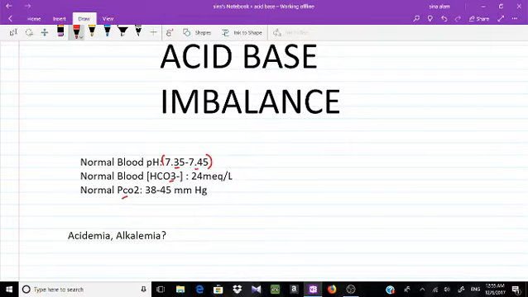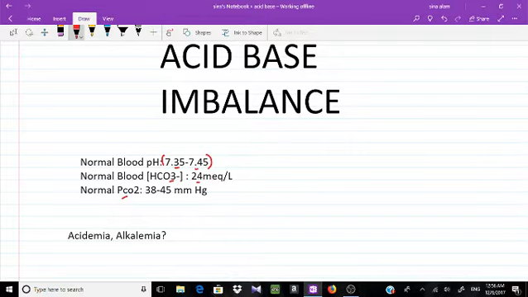I just wrote 24 because I couldn't find a good range for it. It may be 24 to 27, or sometimes I found 18 to 25. For this discussion, you can take it as 24 milliequivalent per liter.